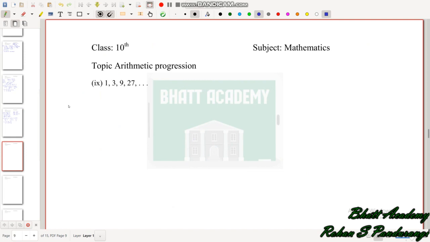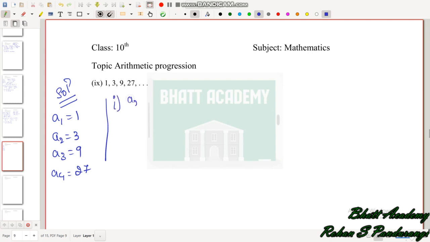Next ಲೆಕ್ಕ ನೋಡಿ friends. So a1 is 1, a2 is 3, a3 is 9, a4 is 27. So condition 1 check ಮಾಡಿ, a2 minus a1, that is 3 minus 1, which comes out to be 2.